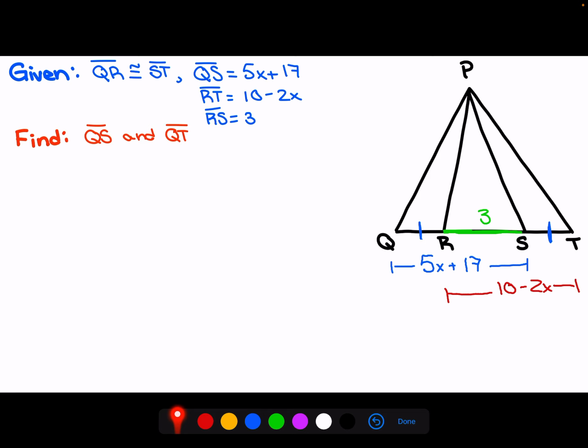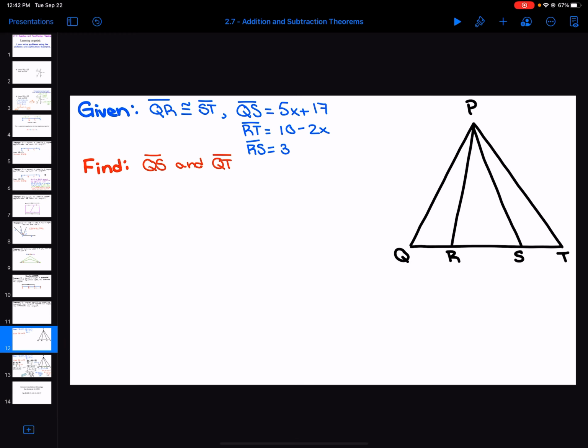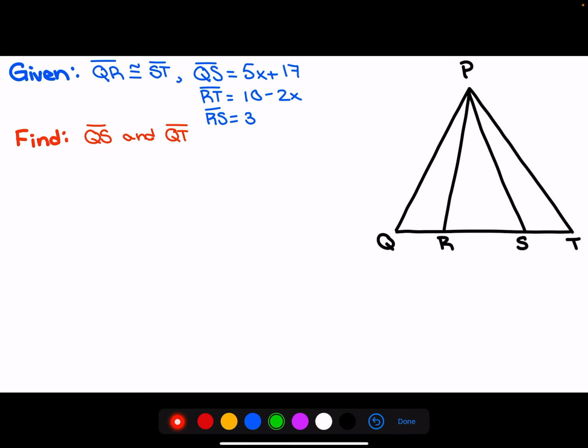So first off, I'm going to go ahead and set up some segment addition because I can see QR plus RS equals QS. So let's go ahead and do that. QR plus RS equals QS. And if I substitute in, I now have QR plus 3 is equal to 5x plus 17.